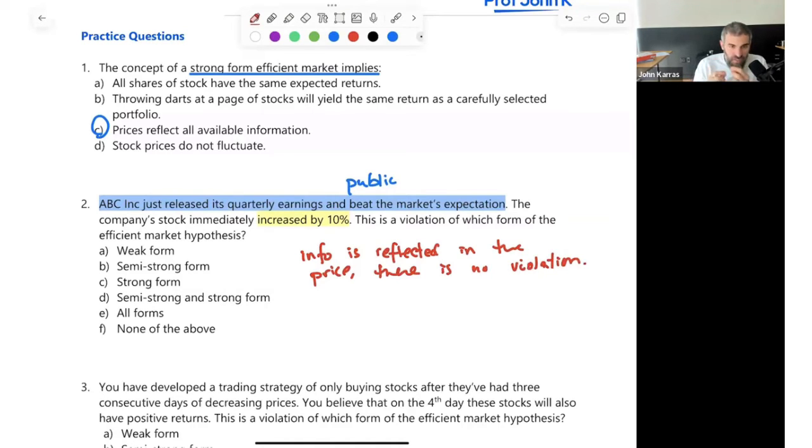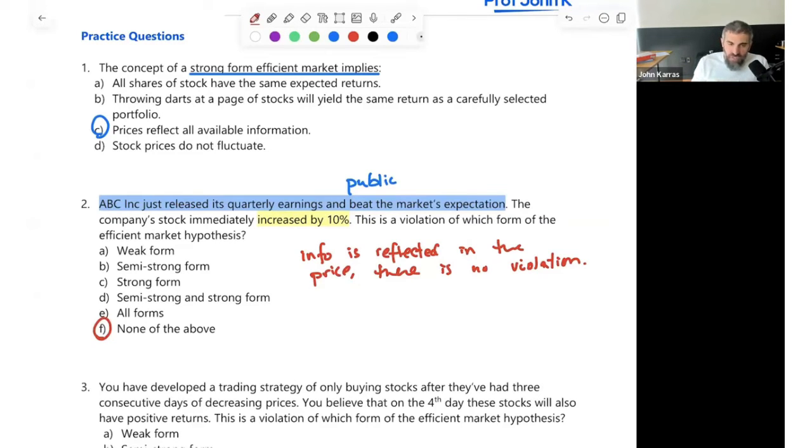Because remember at the very beginning of class, I said an efficient price is one that does reflect the information. For there to be a violation, there has to be information that is not reflected in the price. Like if I would have said ABC Inc. just released its quarterly earnings and beat the market expectation and the stock hasn't moved yet, that would be a violation because it should move. It should have reacted to the information, but it hasn't. Then you would have a violation. So the answer is none of the above.